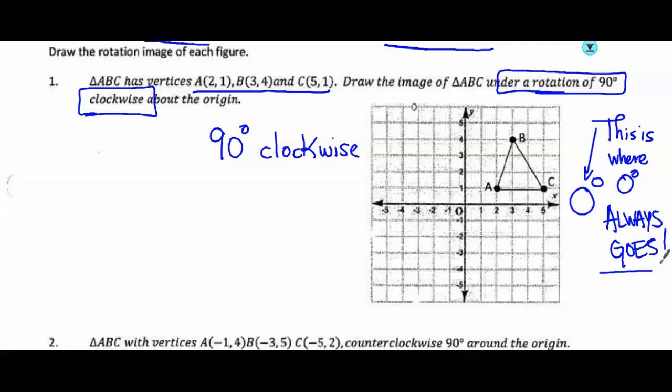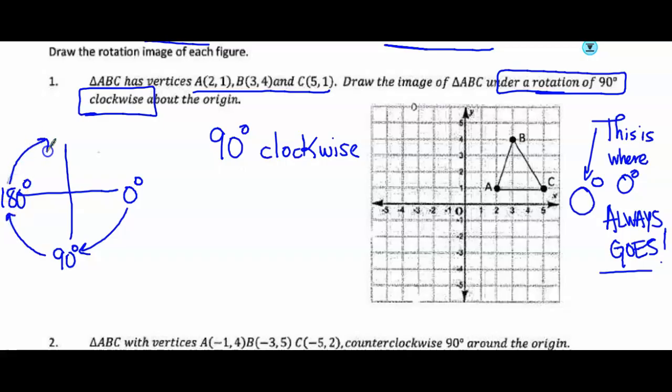We are now going to draw where 90 degrees is. So the first thing you all need to realize, when you have a coordinate plane and 0 degrees is here, this is where 90 degrees is. This is where 180 degrees would be. 90 more degrees would be 270 degrees.